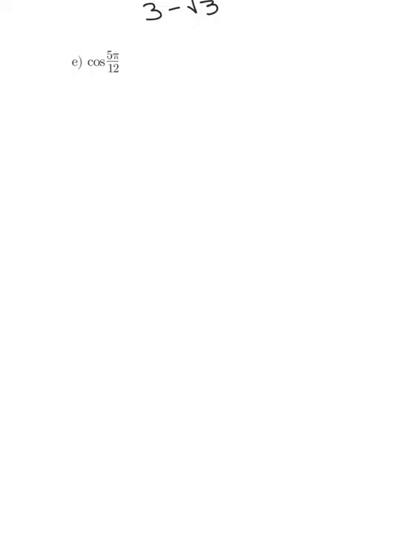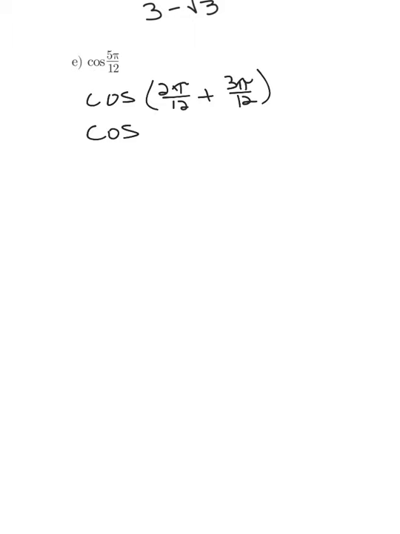When I see a 5, the first thing that comes to mind is 2 plus 3. So cosine of 2 pi over 12 plus 3 pi over 12. 2 plus 3 gives me the 5. 2 pi over 12 is pi over 6. The 3 pi over 12 is pi over 4.